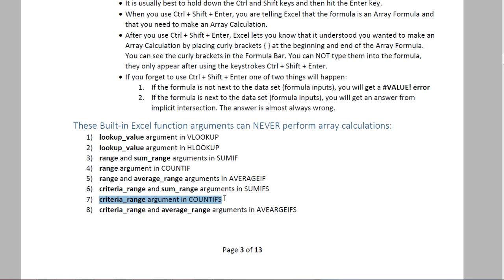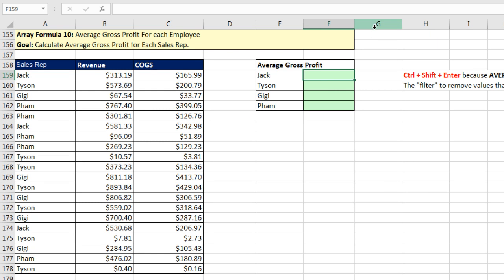All right, let's go over and see a solution here, because we have to calculate average gross profit based on this condition. Well, here's the good news. You can use any aggregate function like AVERAGE, MIN, MAX, and other aggregate functions. And then inside the number argument, we just put the IF function.